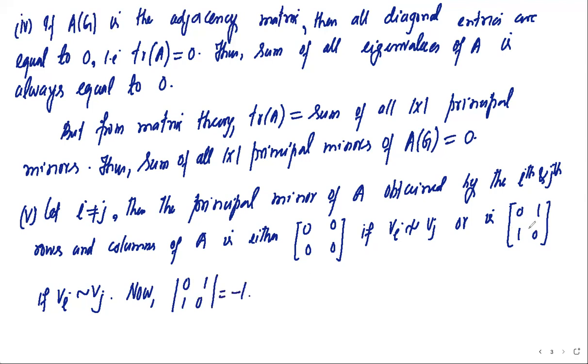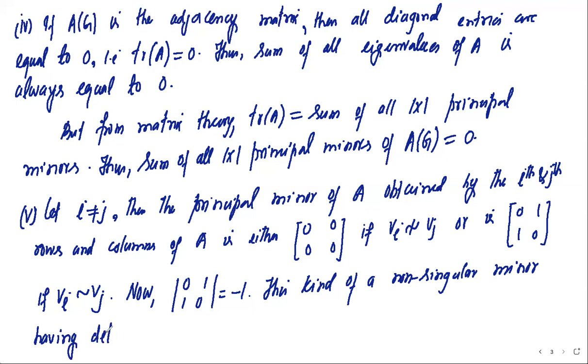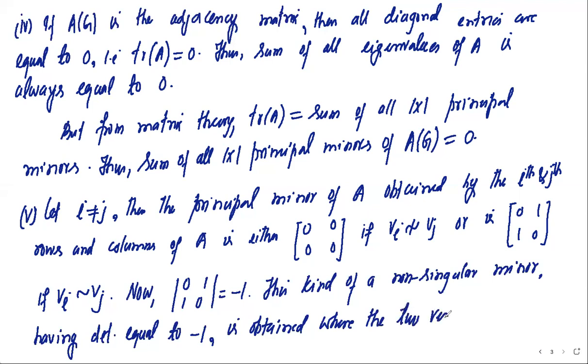Whenever we have this kind of non-singular principal minor, having determinant equal to minus 1, it is obtained whenever the two vertices Vi and Vj are adjacent.